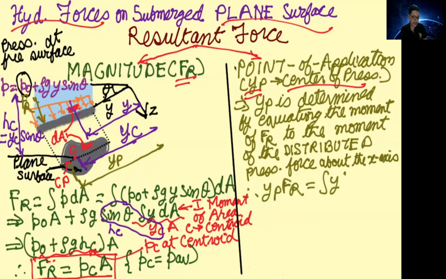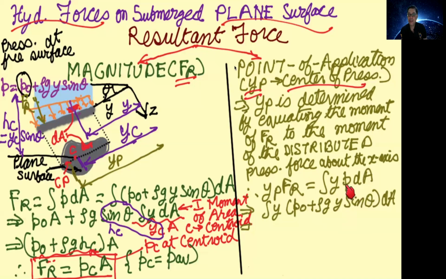So we are taking the moment about this point. Fr into yp is equal to the moment of the distributed force system, so that is equal to the integral of p y dA.